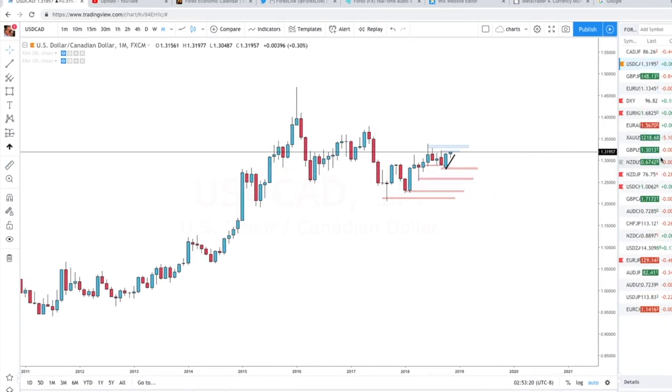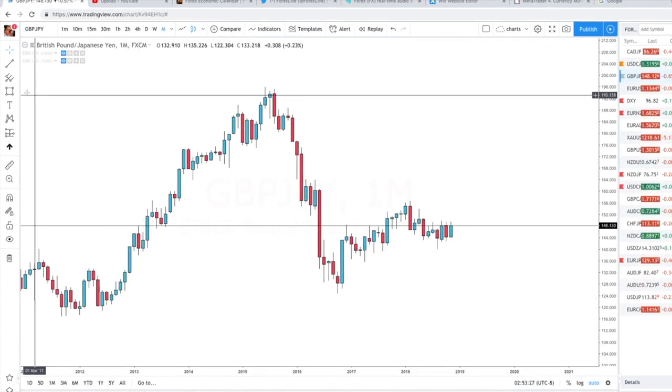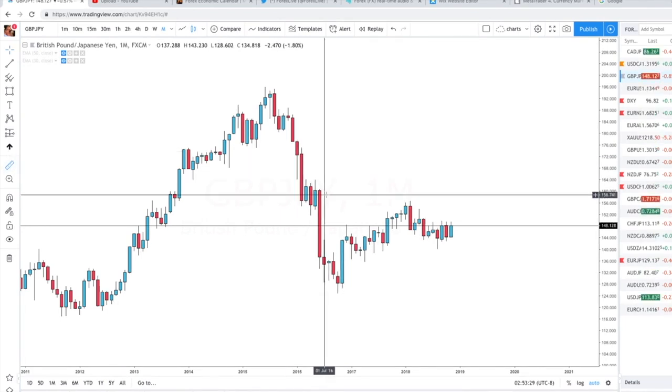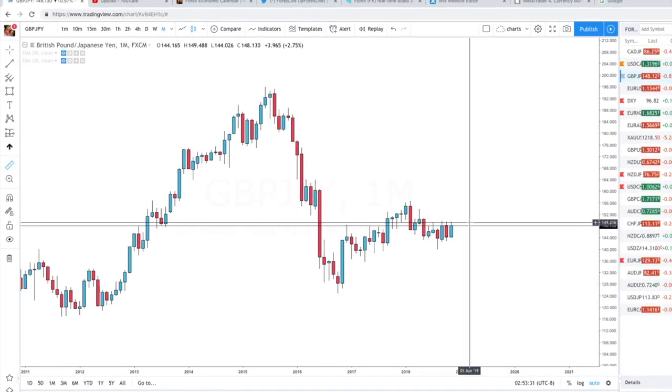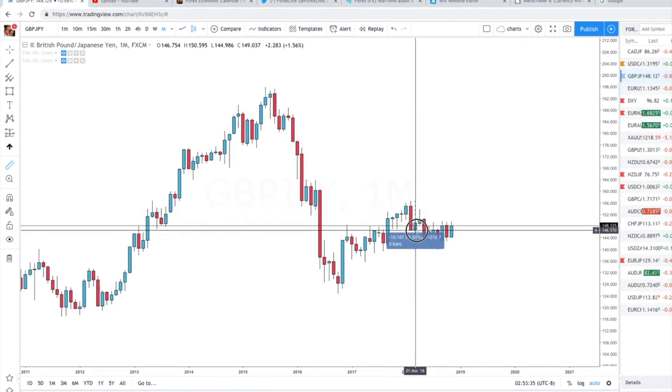So compared to GJ, for example, I just want to show you this. Where is GJ? A GJ candle, for example, this one, it moves 1,000 pips in a month.